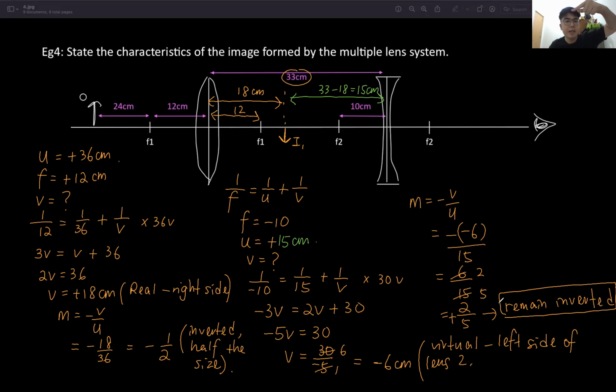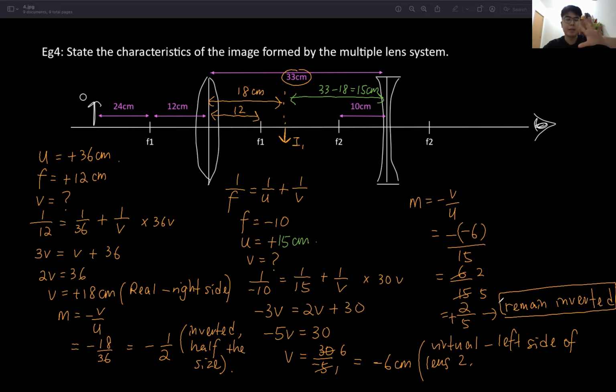If it's initially inverted and you get positive magnification, the image remains inverted, right? If you get a negative magnification, then it becomes upright, like that. So it depends on the initial orientation, whether it is inverted or upright.